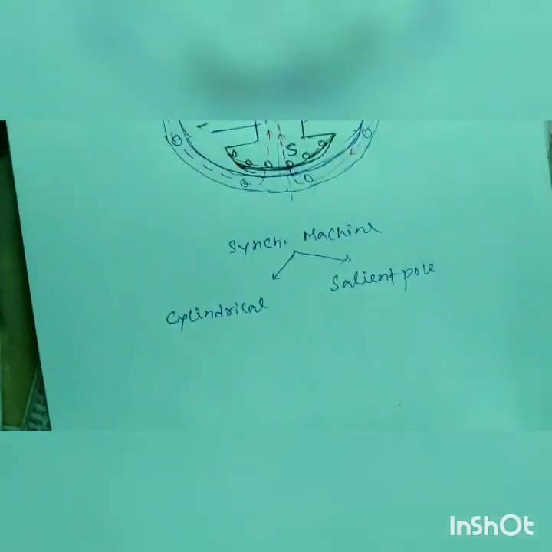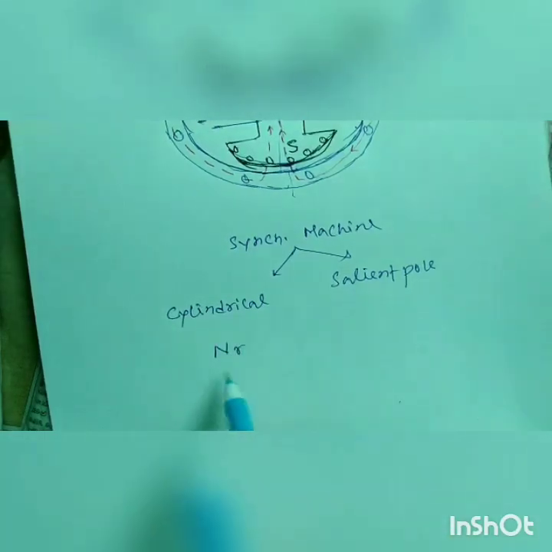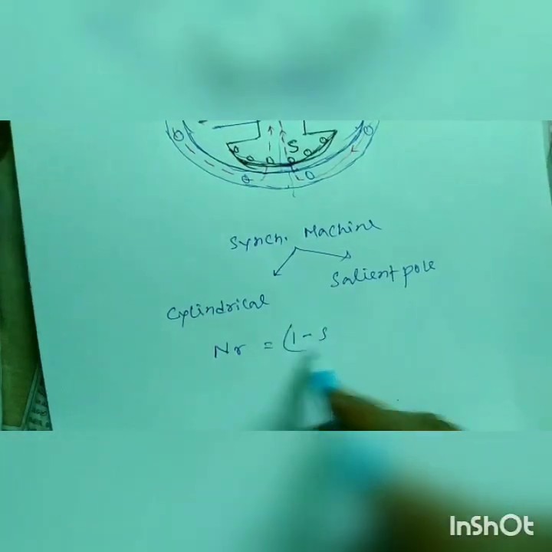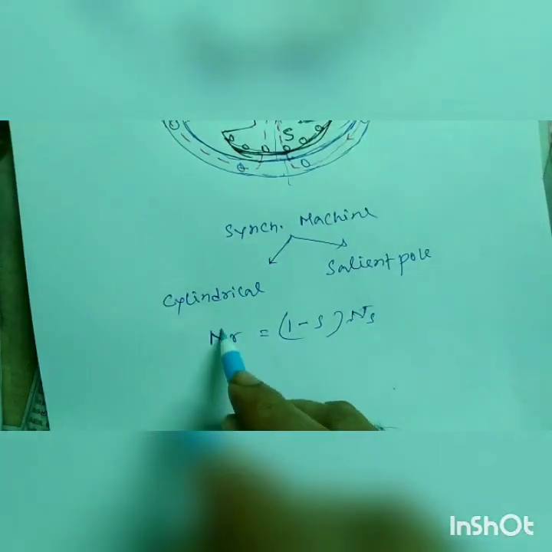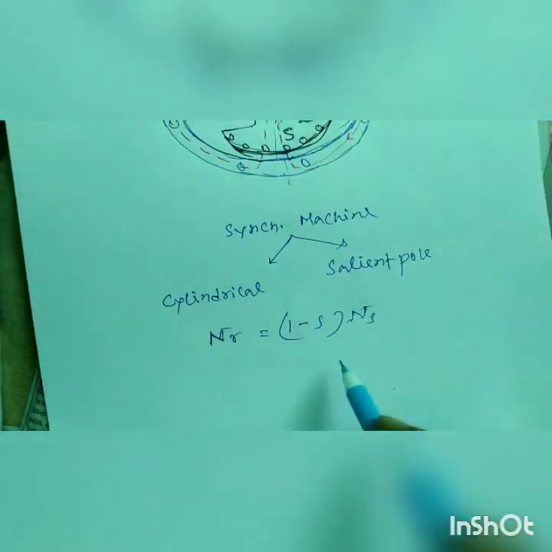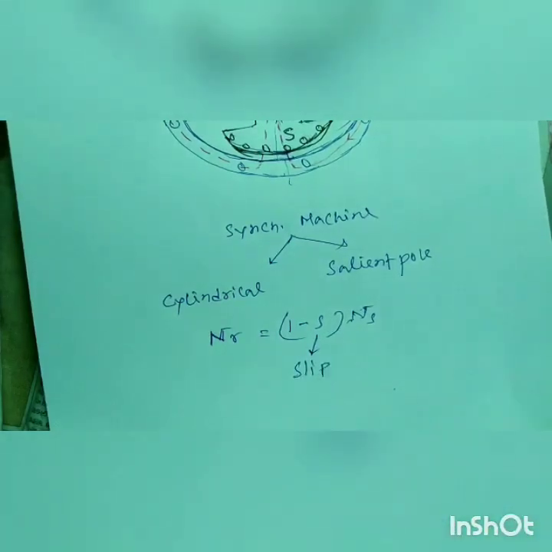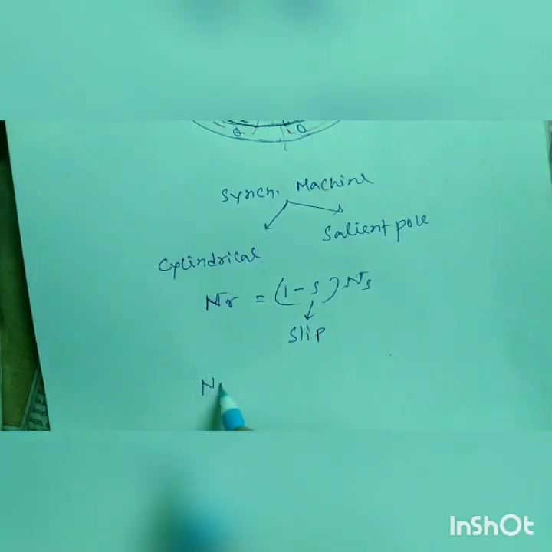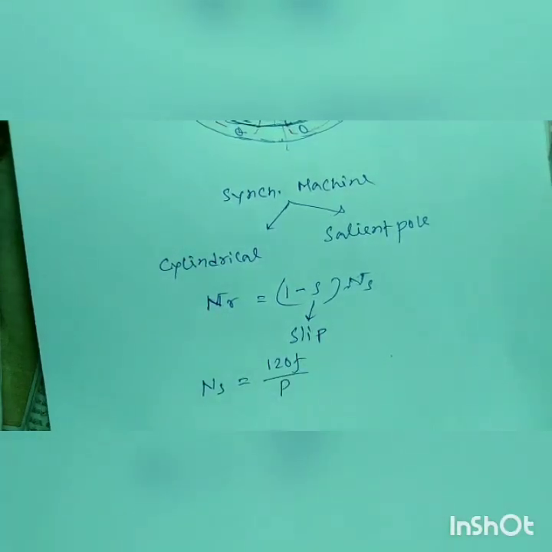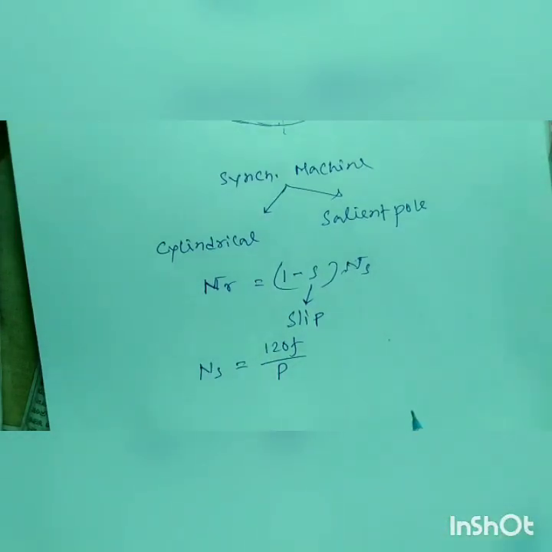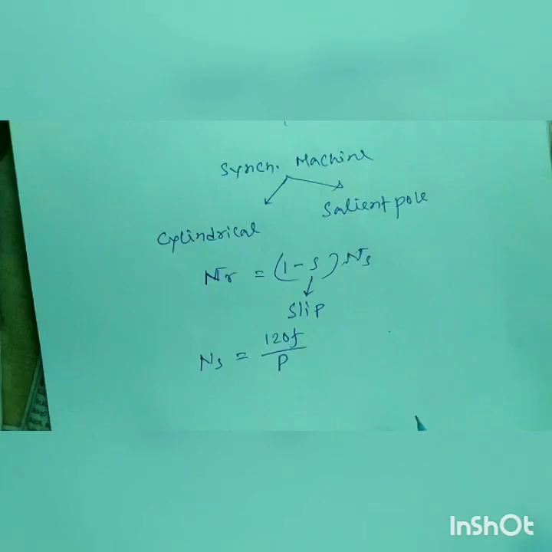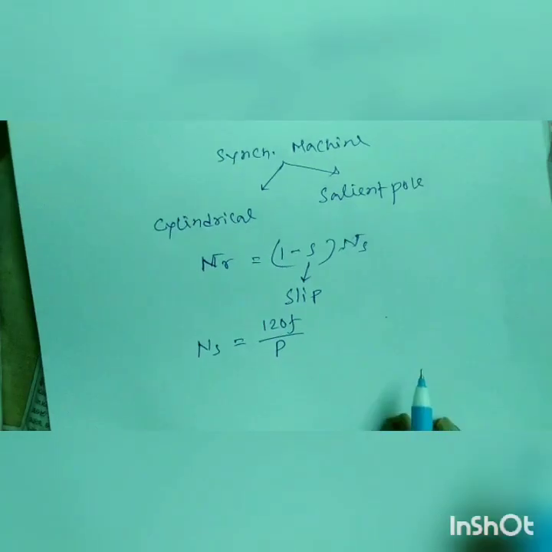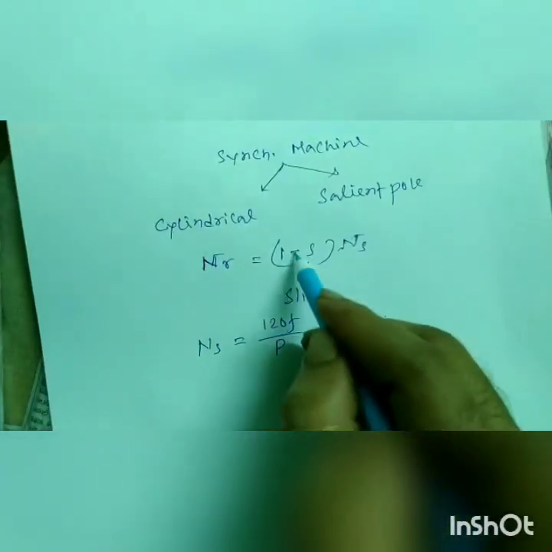In the case of the induction machine, we have seen that Nr, which is the rotor speed, is (1 minus S) times Ns, where Ns is the synchronous speed and S is the slip, and Ns is nothing but 120 f by P. When we study induction machines, I'll explain each and everything about these things, like why it came as (1 minus S) into Ns.